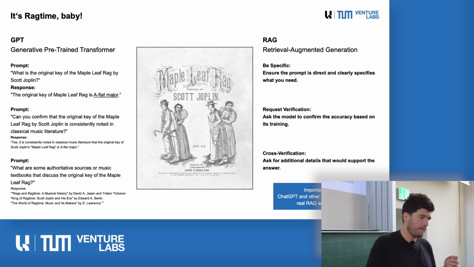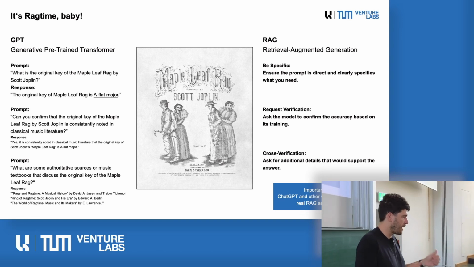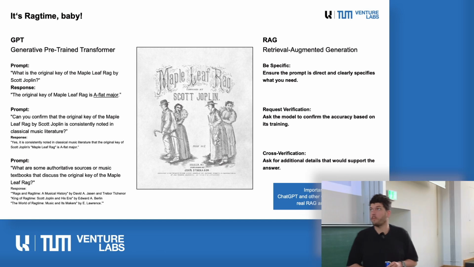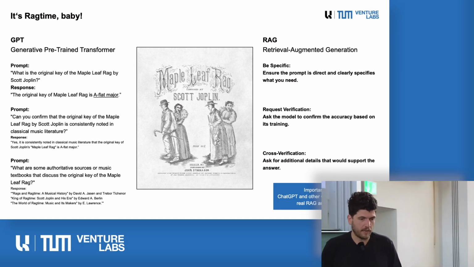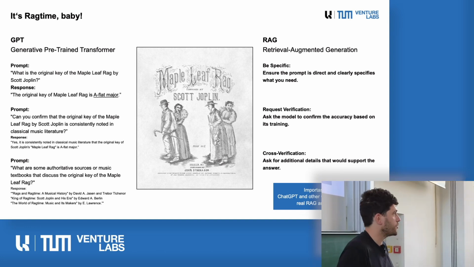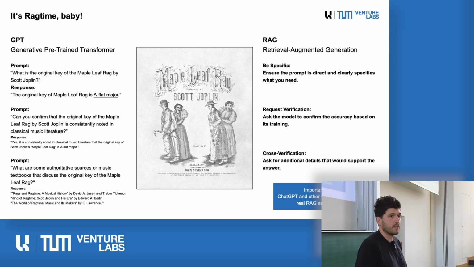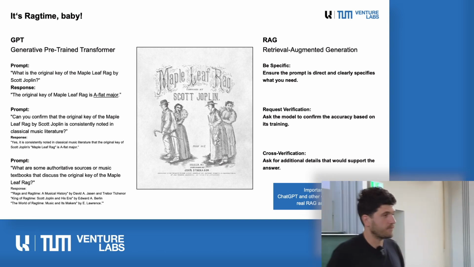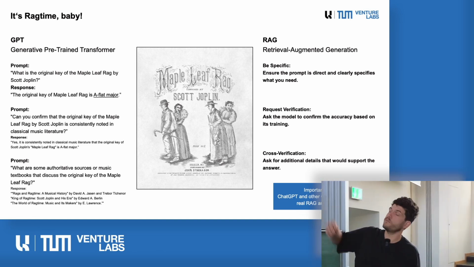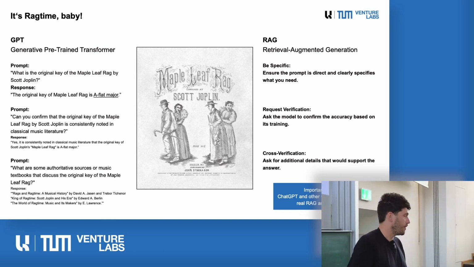But it's a nice way to see both kinds of models in action, and with ChatGPT and prompting like this for factual information when you need to make sure it is right. For example, you use it to do your homework in university, which of course nobody of you should do. But maybe if you want to do that, then you want to implement something that is very factual and tries to cross-verify and retrieve the sources of the data.